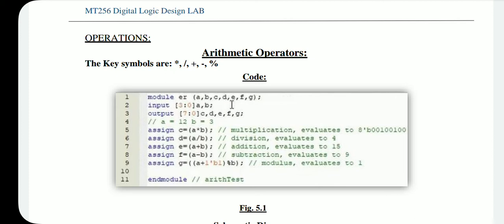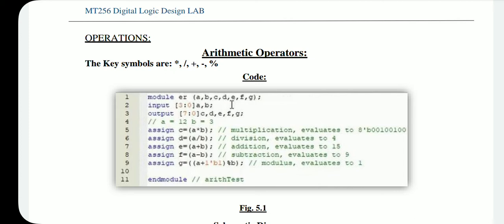The first symbol is used for multiplication, the second symbol is used for division, then addition and subtraction, and the last is modulus, which gives the remainder. First we write module so that we can initiate these variables A, B, C, D, E, F, G, and assign input values to A and B and output values to C, D, E, F, G.